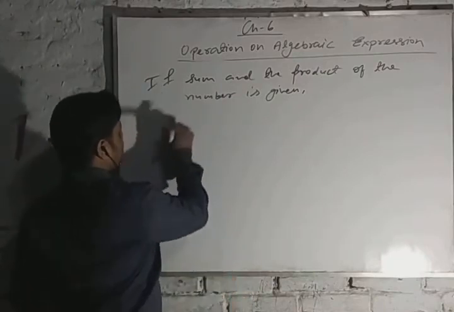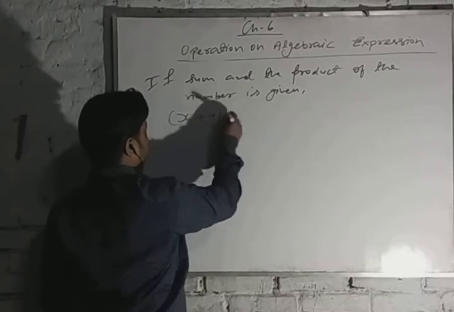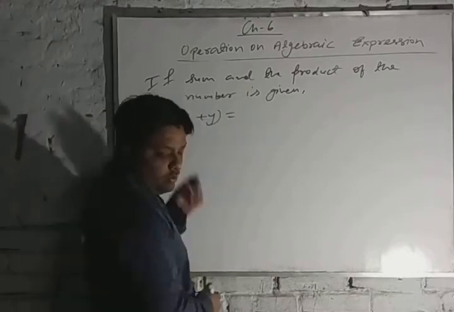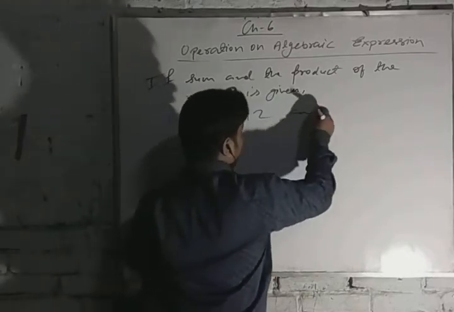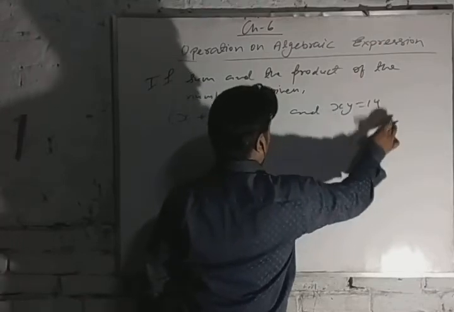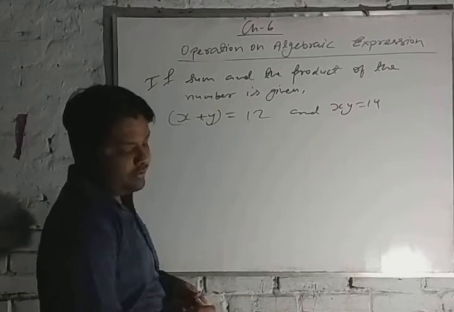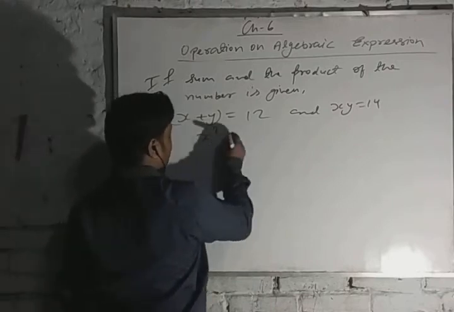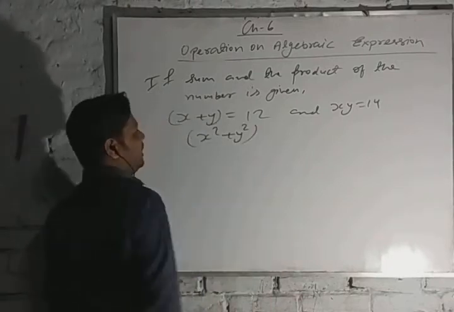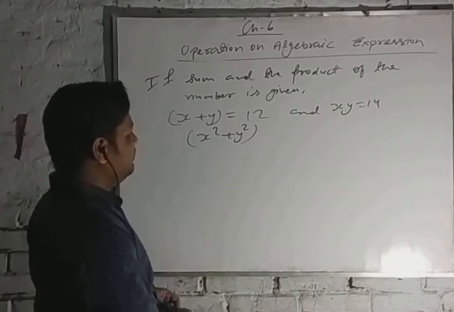Now, if it is given that x plus y is equal to 12 and xy is equal to 40, and we have to find the value of x square plus y square. Okay, so let's see what value we will use.